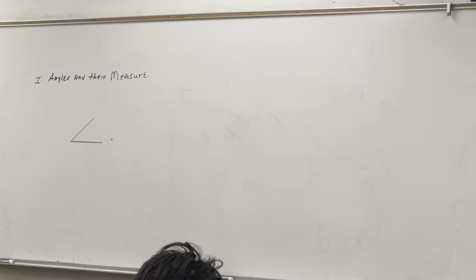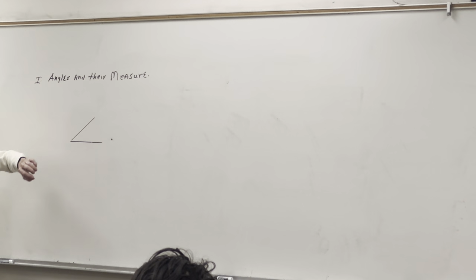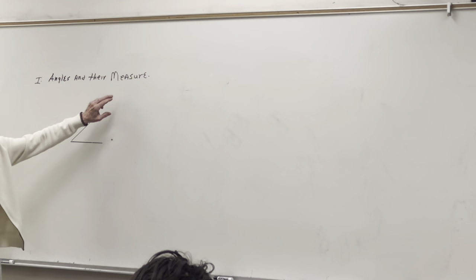A protractor. They showed you how to place it, and you looked at the numbers on that protractor and said, oh, this has a size of 30. The units here would be degrees, 30 degrees. So this angle has a measure of 30 degrees. That's its measure.